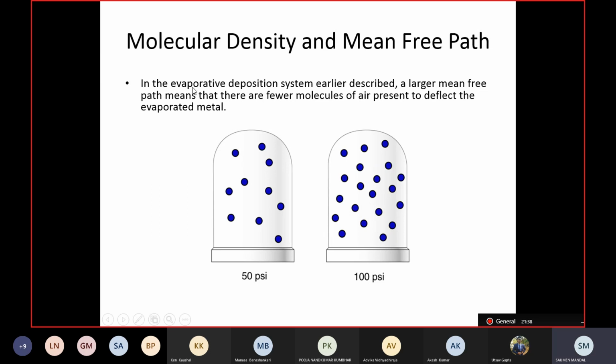In the evaporative deposition system described earlier, a larger mean free path means there are fewer air molecules to deflect the evaporant metal. This part is very important: the evaporated material or metal should not deflect or collide with the air molecules.